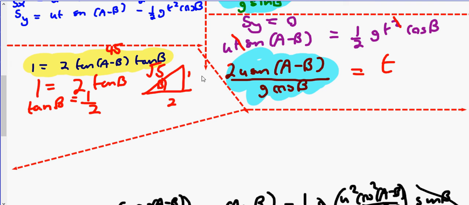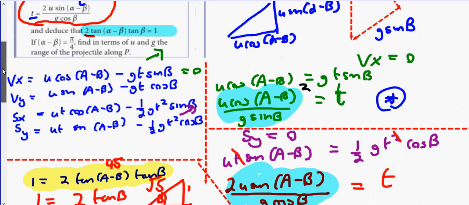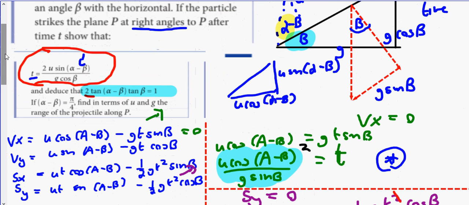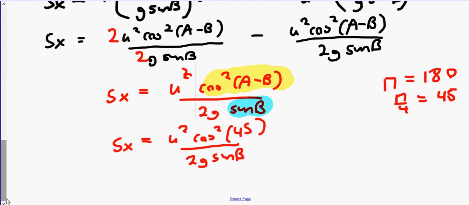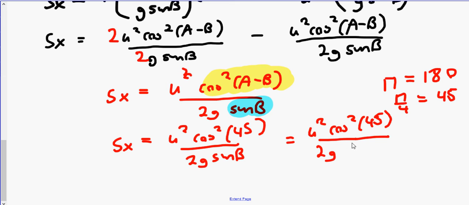Sin beta is 1 over root 5. Got it. How do I know it didn't belong in the answer? Well, it didn't mention beta in the answer. It says in terms of u and g, which means I'm not allowed beta, or b. So it means I had to get rid of it. What did I say it was again? 1 over root 5.